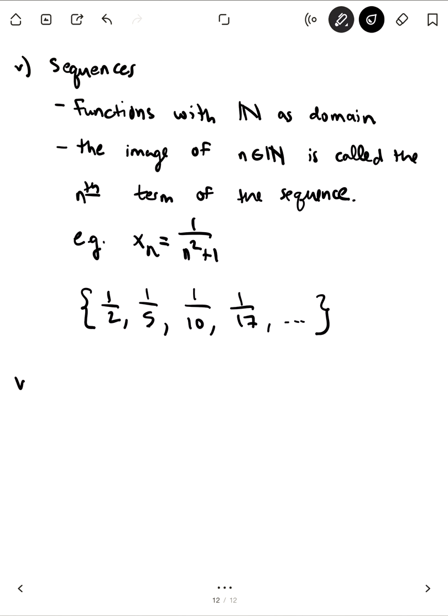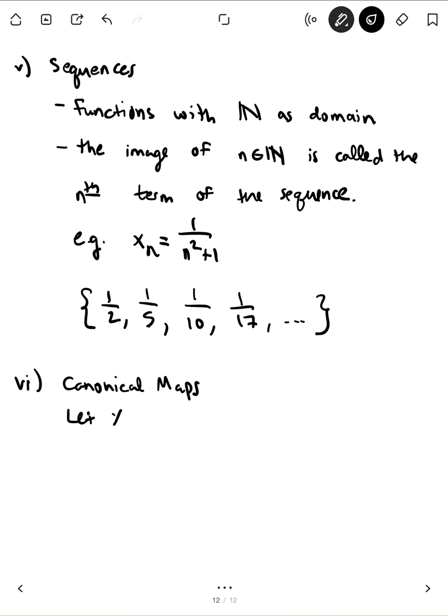Lastly, but not leastly, we have what are called canonical maps. So what is a canonical map?